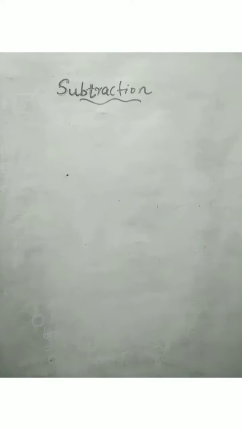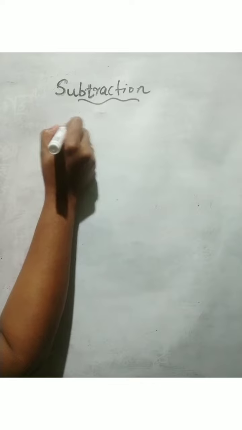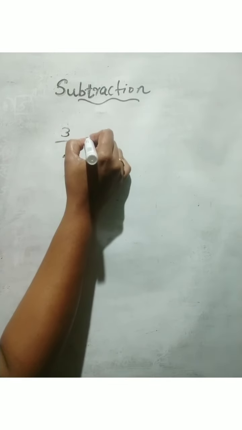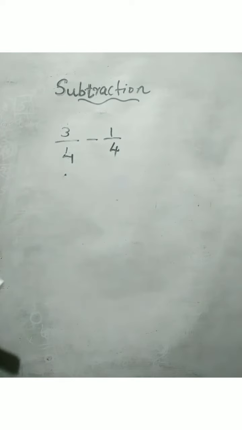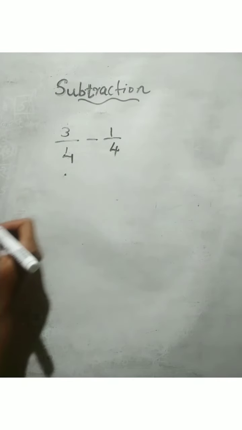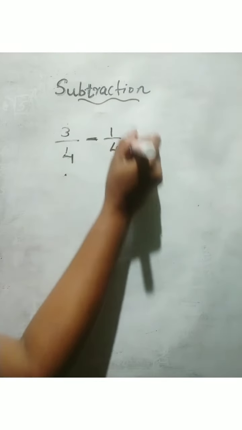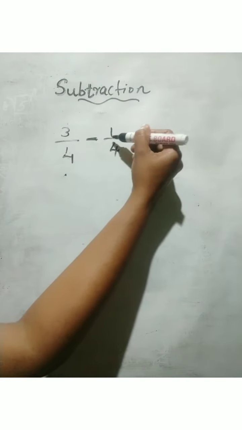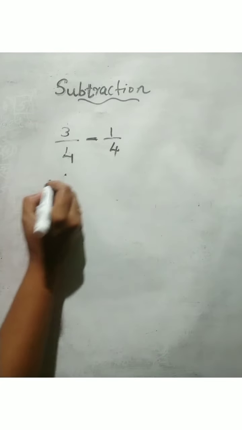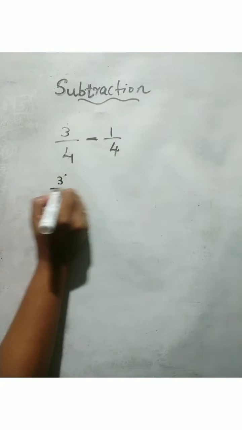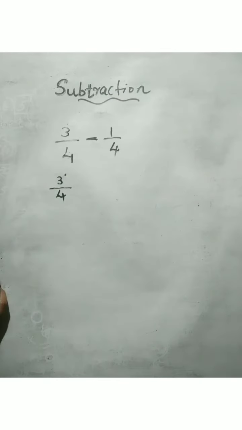Now, subtraction. The first question is 3 on 4 minus 1 on 4. How can we subtract? Here, we have to think about the additive inverse of the subtracted fraction, that is, the second rational number. Then, we have to add that additive inverse to the first rational number.